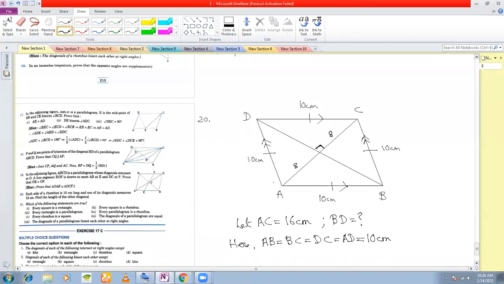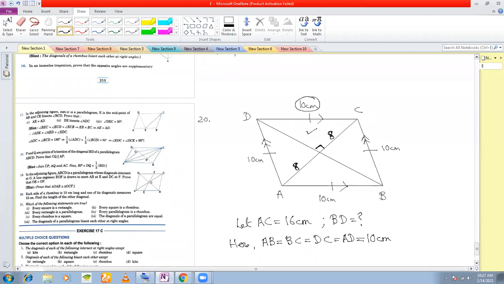Anyone who could not get it, tell me. Once you have taken these two lengths as 8, you know this length to be 10 centimeters.